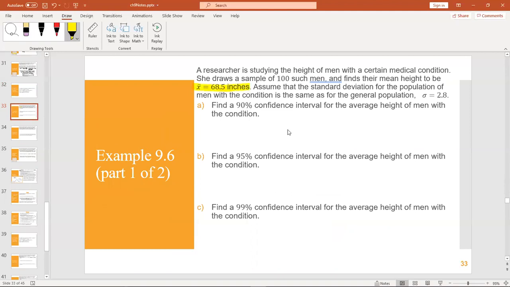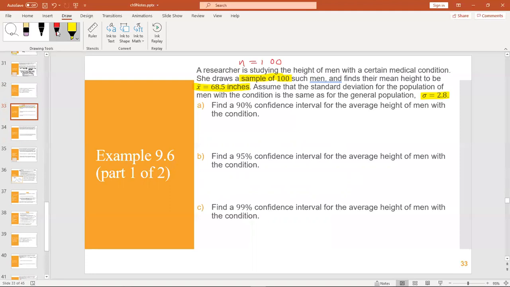We know X bar, it's 68.5. We have a sample of 100, so that means N is 100. We know sigma going in, which is why we can use a Z interval as opposed to a T interval.